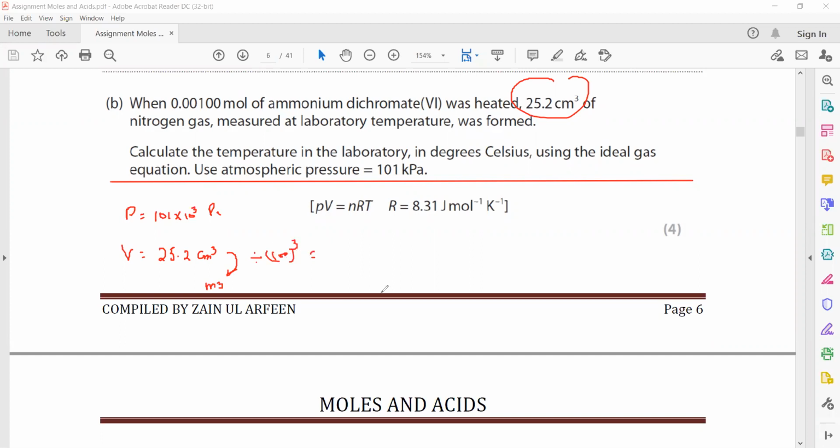So 25.2 divided by 100 cube, this will come out as 2.52 into 10 power minus 5 meter cube. Then the number of moles, they already mentioned in the question.